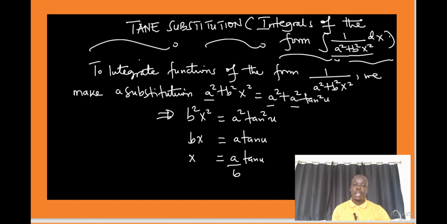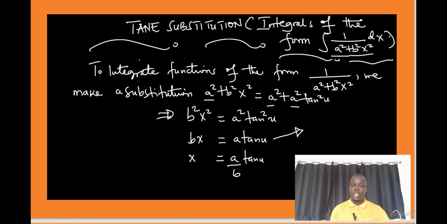From here, we shall do the differentiation, find the expression for dx, and then, as we introduce a new variable of integration, where there is dx, we shall put the expression that we obtain after differentiating with respect to u. We should also not forget that at some point we shall be required to express u in terms of x.